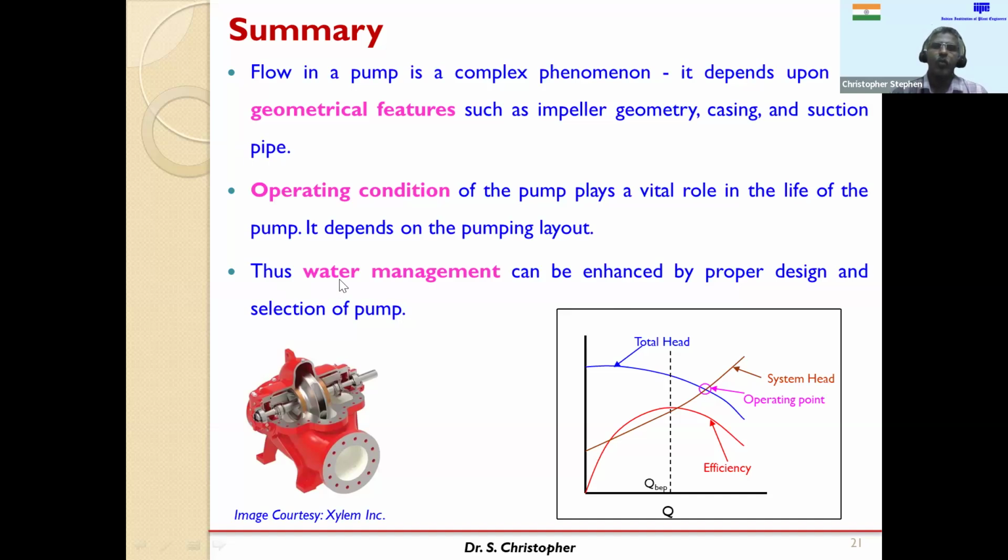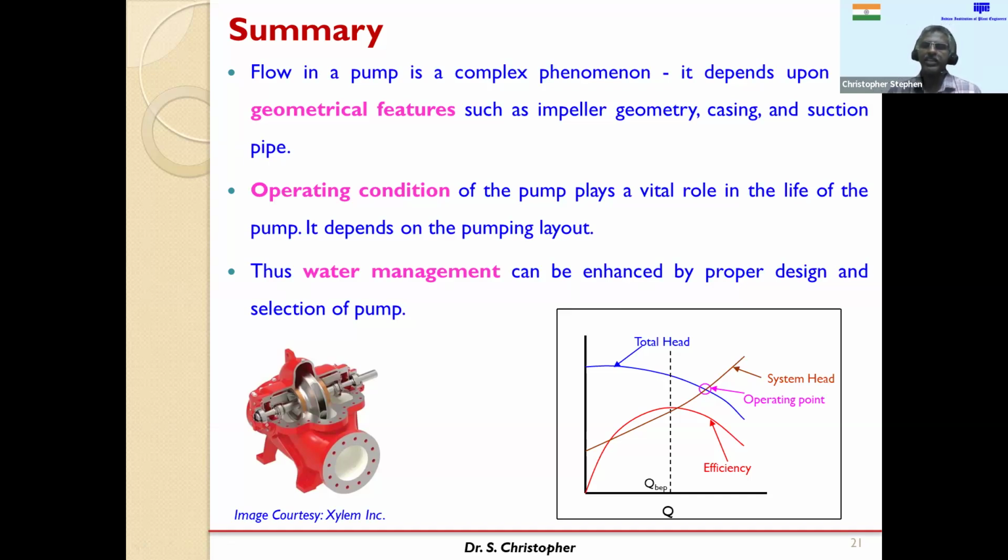And thus water management can be enhanced by proper design and selection of the pump. If you want to select a pump for any particular application, we need to know where the pump will be used, because there are various applications. If you want to buy a pump for a domestic purpose, we need to know how to calculate the flow rate and how to estimate the total head, then we can select the right pump.